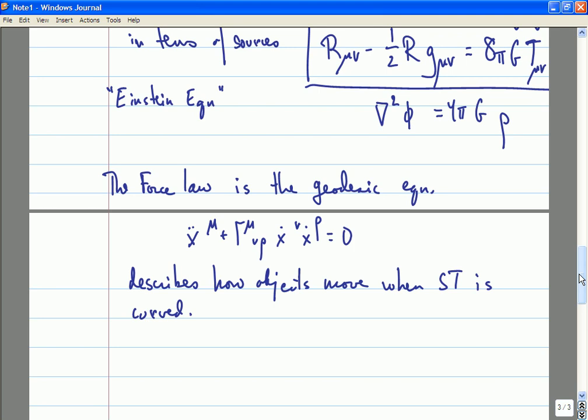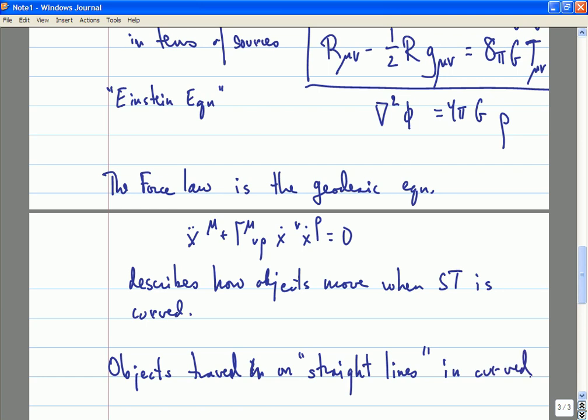In general relativity, however, the force law tells you not that objects deviate from straight lines, but only that they travel on lines that are as straight as possible in a curved spacetime. So the geodesic equation says that objects travel in lines which are as straight as possible in curved spacetime. Such lines which are as straight as possible are known as geodesics, hence the name geodesic equation.